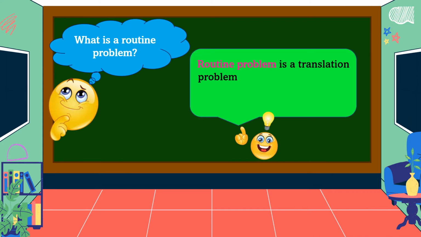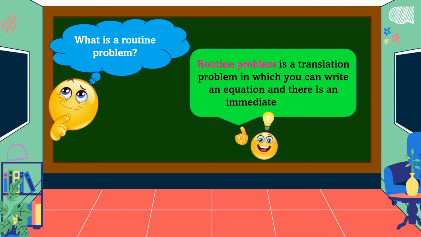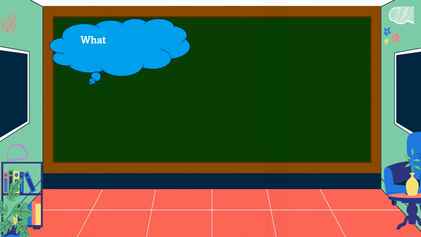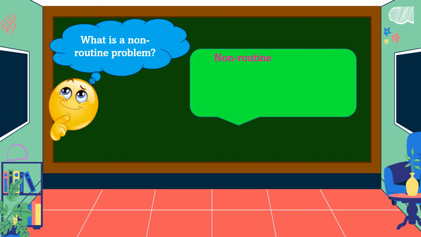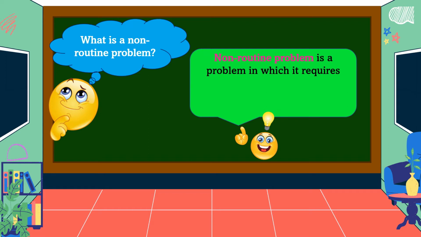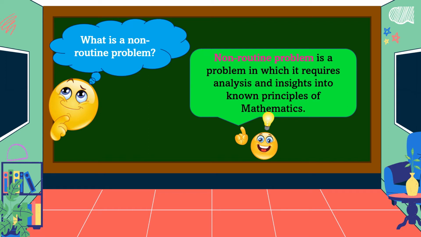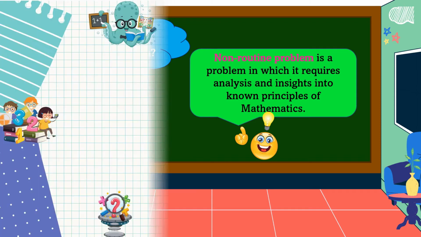A routine problem is a translation problem in which you can write an equation and there is an immediate solution. What is a non-routine problem? A non-routine problem is a problem which requires analysis and insights into known principles of mathematics.